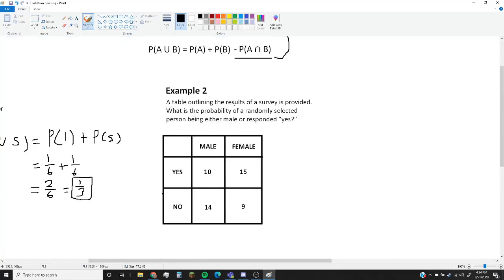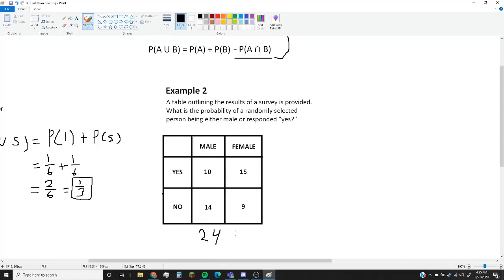A table outlining the results of a survey is provided. What is the probability of a randomly selected person being either male or responded yes? So when we get a table like this, what I like to do is add up all the rows and columns to figure out how many people total are in each of those. So let's start with the male column. If we add up the yes and the no from the males, we get 24 total males.